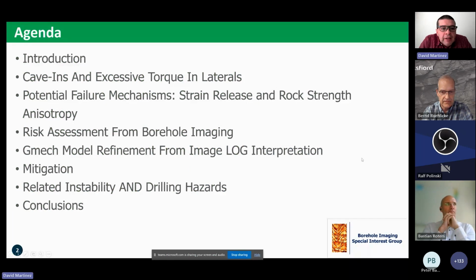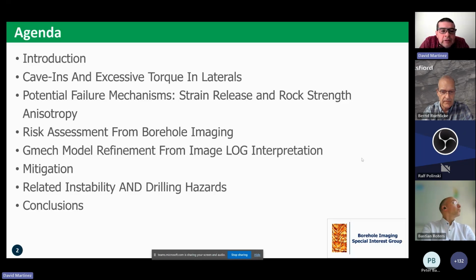The two issues that I'm going to be discussing are cave-ins and sections of excessive torque in parts of that lateral. I will be giving some general characteristics of these issues, and then I'm going to propose a couple of mechanisms that I feel drive these kind of issues.